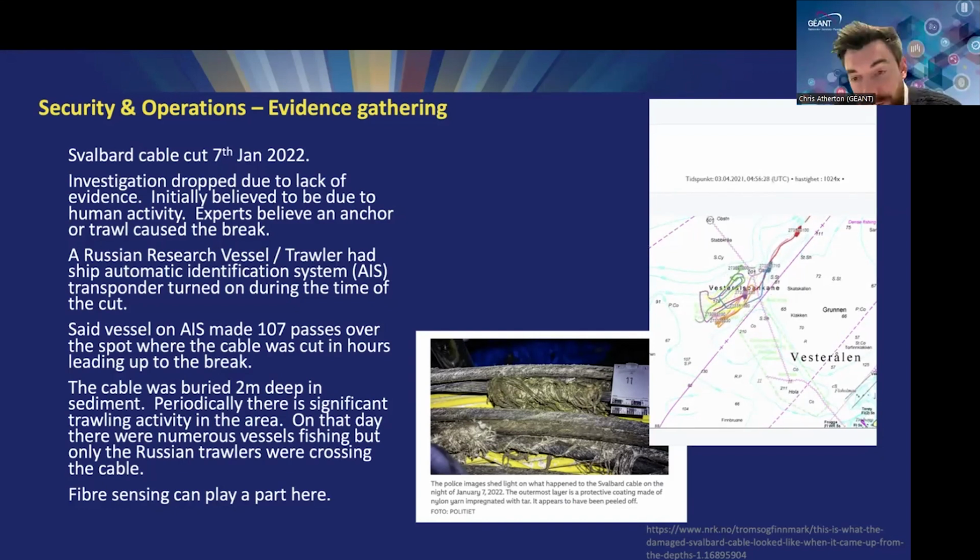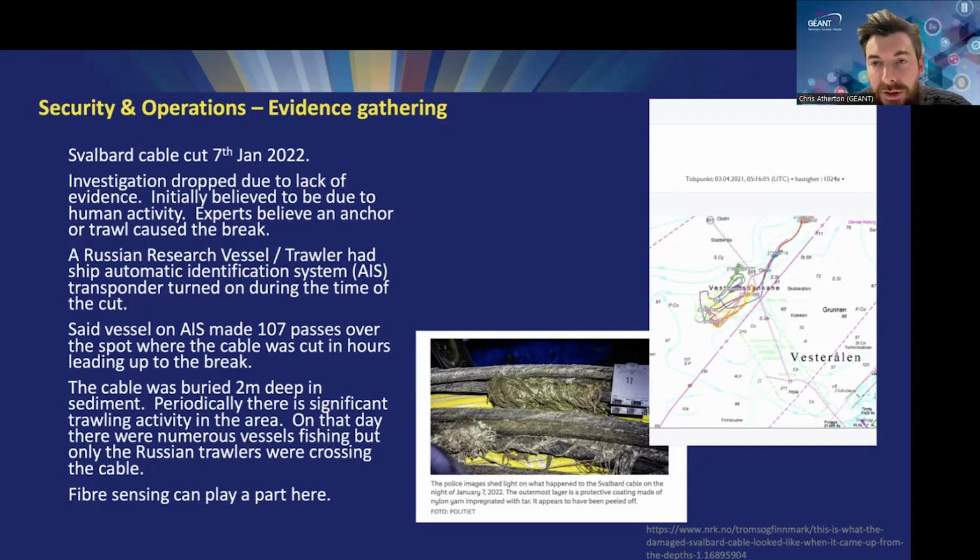It's believed that if we had information from fiber sensing, that could have played a part in the evidence gathering to be able to continue the charging of that vessel with the cut of the cable.